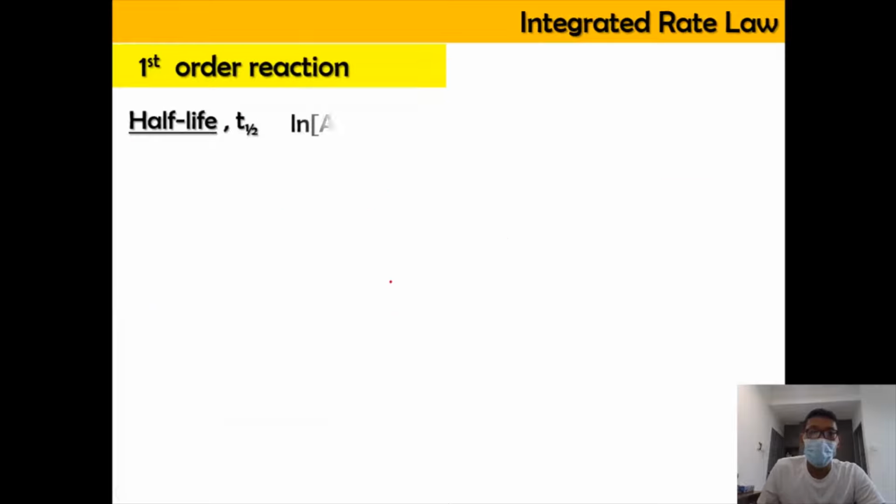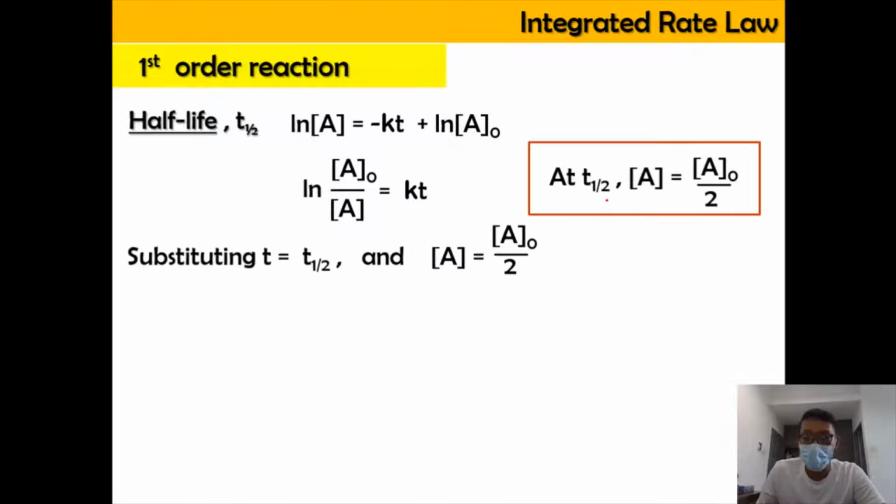Okay, and we also can do this from the integrated rate law. We can also find the half-life by using the same technique as I showed in the zero order reaction, where we know that at t half the concentration of A is going to be reduced by half from the initial concentration. So if you were to substitute t half into here, and A equal to A naught over 2 into here, we will get something like this.